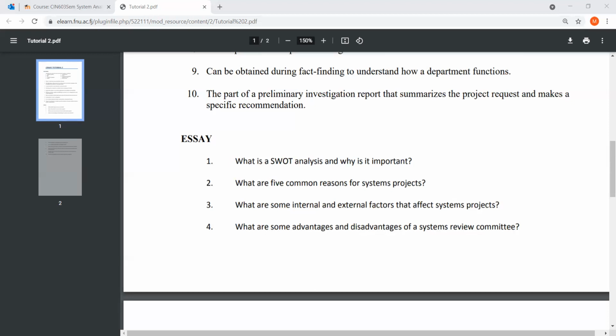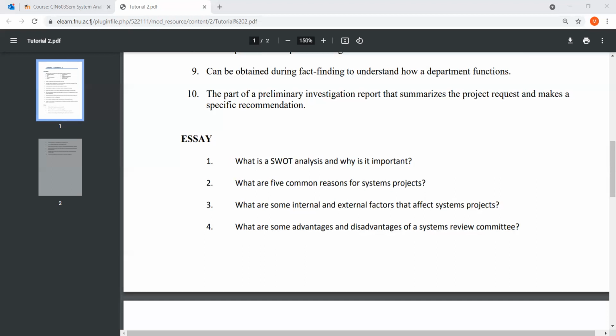And the last one is government. That's it. Any questions on question number 3? Can you see the second one again, please?